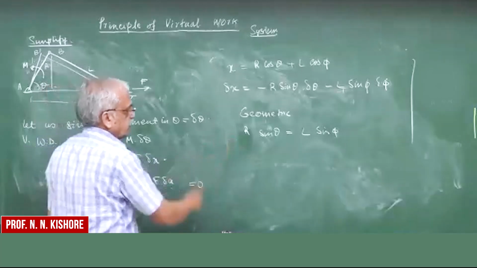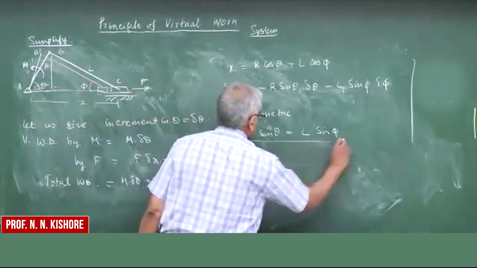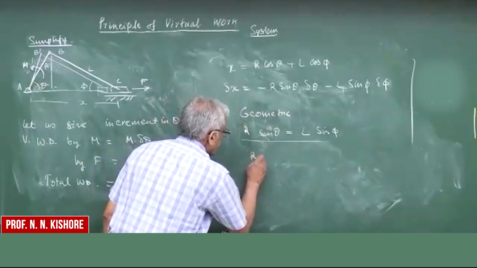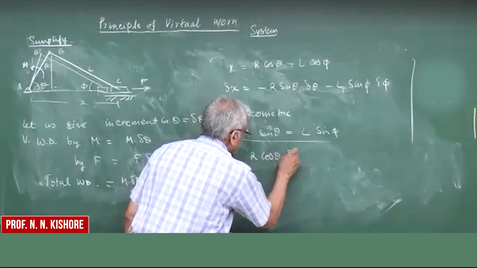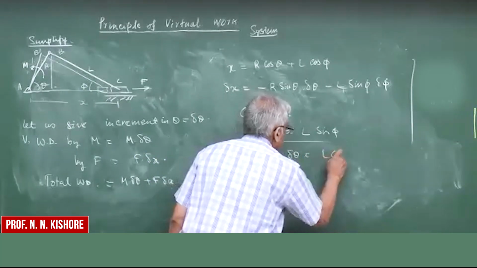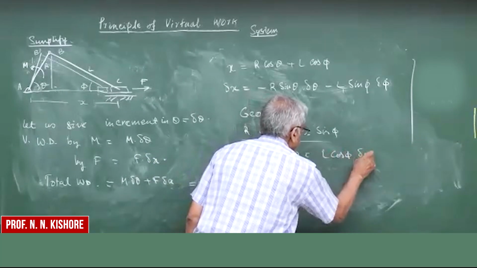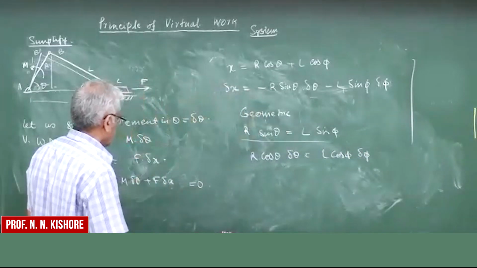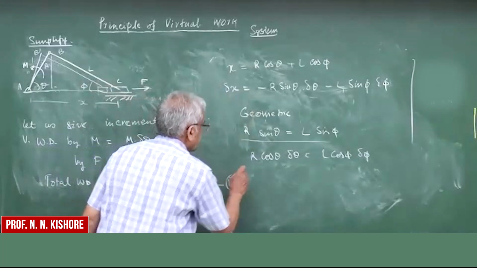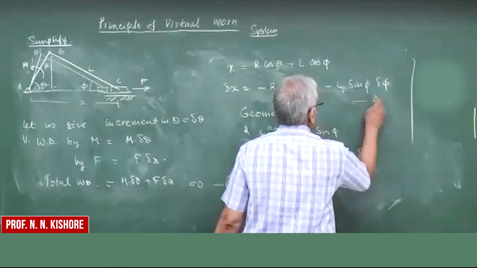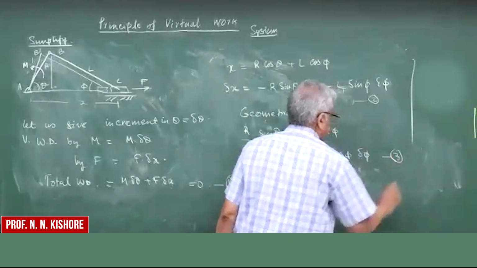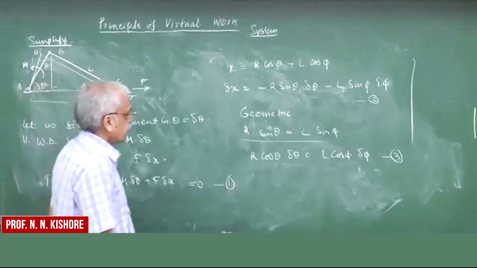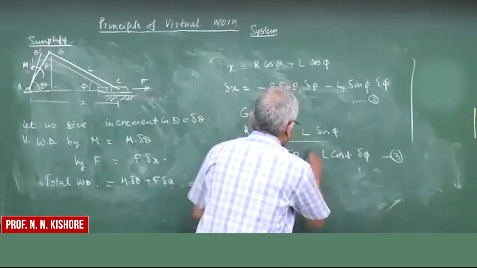Again here we can differentiate to find the relationship. So it's r cos theta delta theta equals L cos phi delta phi. So we have all the relationships now: there is a 1 here, a 2 here, and a 3 here. So what do we require?